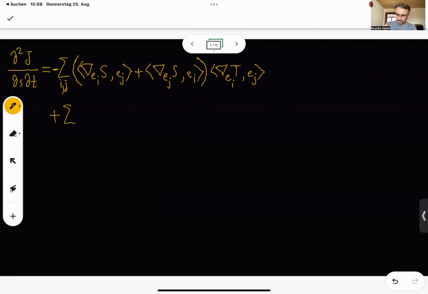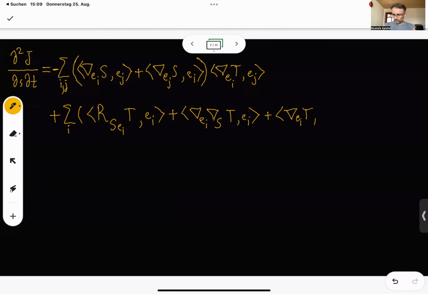Plus, let's look at the B term. Plug in the B term, R S EI T EI, this one is just running over EI, remember, plus the commutation term EI nabla S T EI, and plus covariant derivative terms for T and S EI.